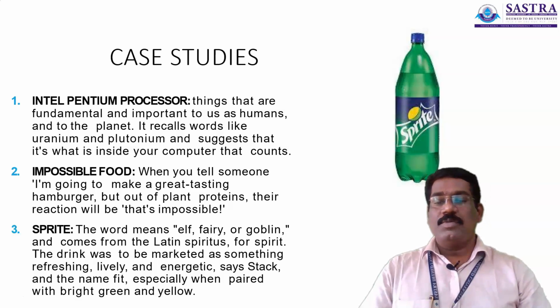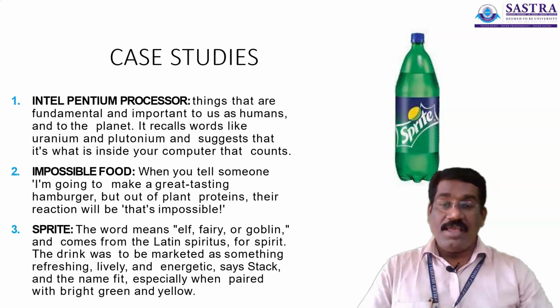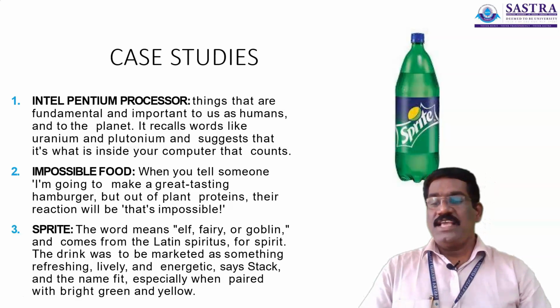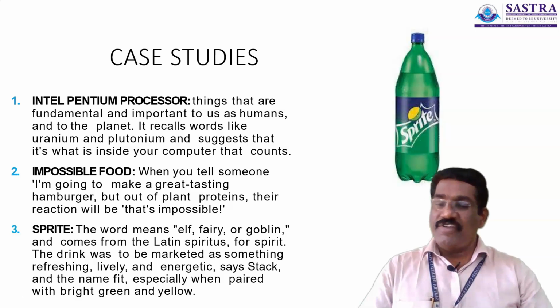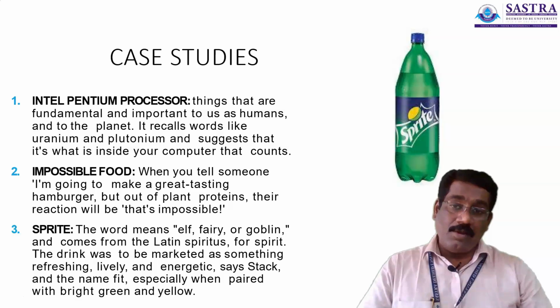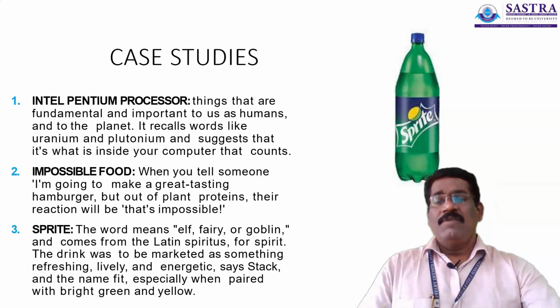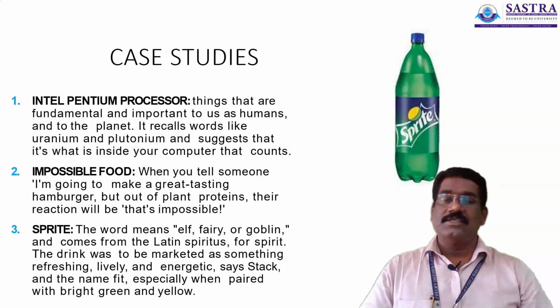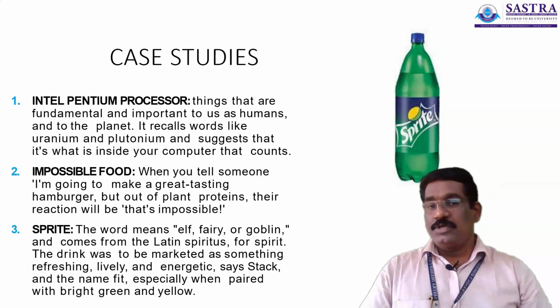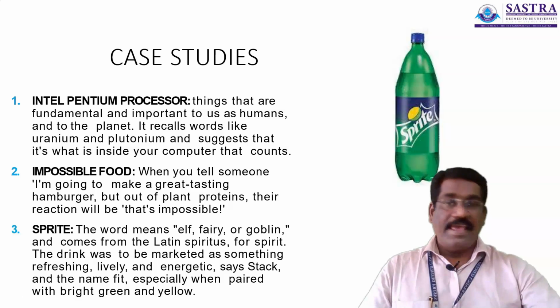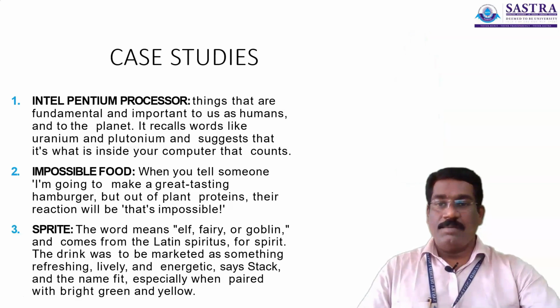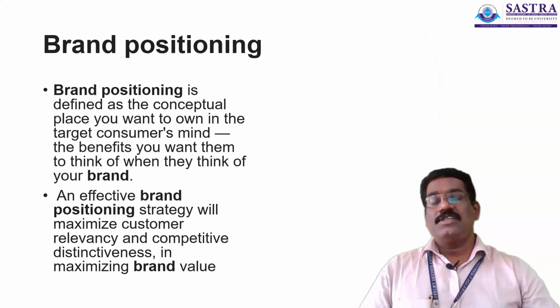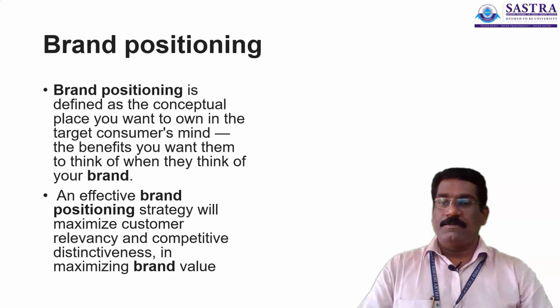The drink was to be marketed as something refreshing, lively, and energetic, and the name fit, especially when paired with bright green and yellow. So with this, how these attributes are getting positioned in the minds of the consumer through a branding exercise, we can really appreciate that.